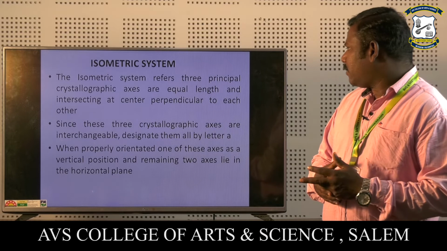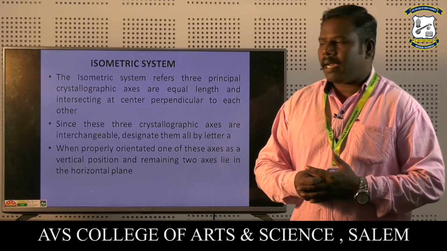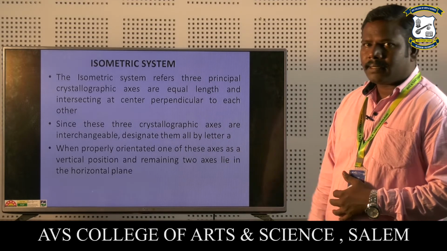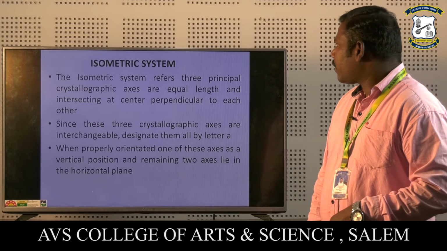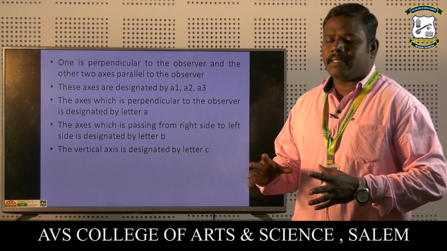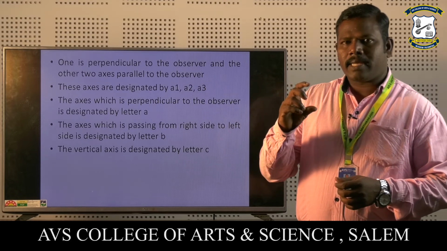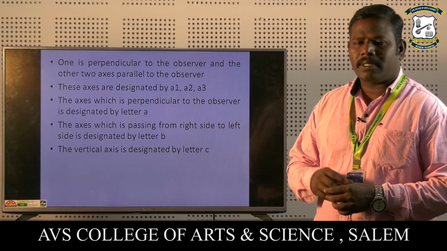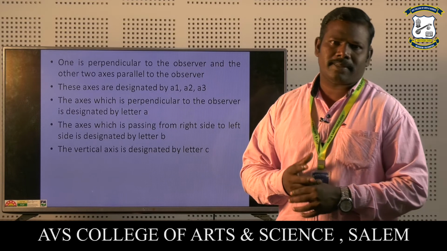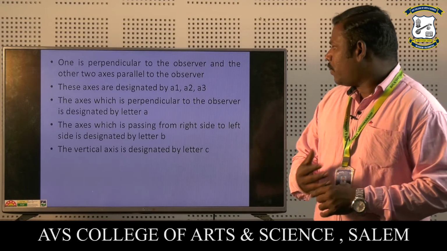Since the three crystallographic axes are interchangeable, we designate them A1, A2 and A3 axes. When we orient the crystal, it is customary to orient any one axis perpendicular to the observer, that is the A1 axis. The right to left axis is the A2 axis, and the top to bottom axis is the C axis.